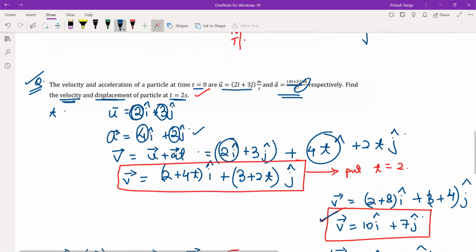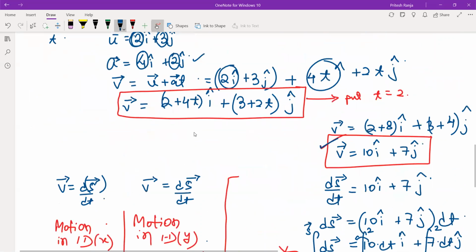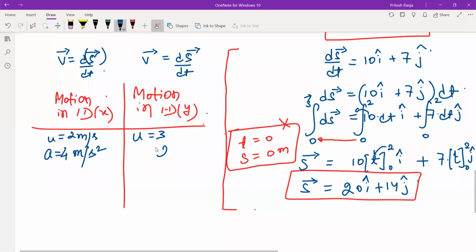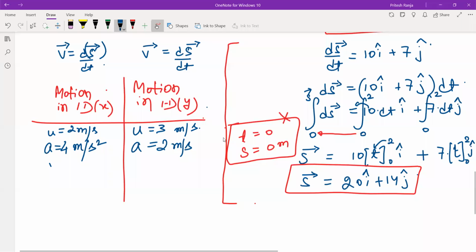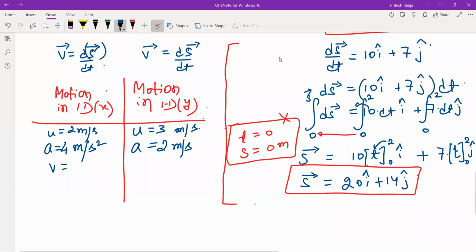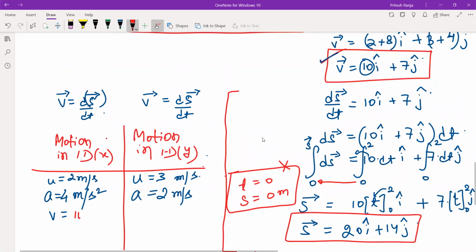And acceleration is 2. Final velocity along x, we have found final velocity, right? Along x it is 10 and along y it is 7. Right? These things we have with us.